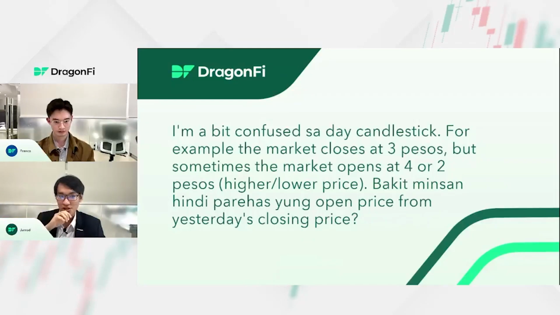The candlestick will look like a red candlestick, but the stock price still went up. Why? Because it gapped up big eh, and then it faded to a lower price. But it's still higher than the previous day. So kaya siya red. It's only red because the close is lower than the open, but it's still higher than the previous day.